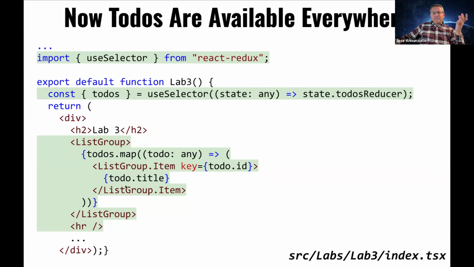I want to render them however I want. Maybe I want to render them not in a list, but as a table, or as a pie chart, or as cards, or whatever. And I can group them, who's working on what. I can sort them by when they're due or whatever. So anybody has access to the data and can display it in different ways. So now the data can be shared across multiple components, which is an added bonus.